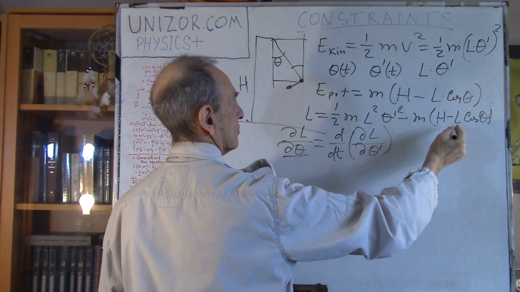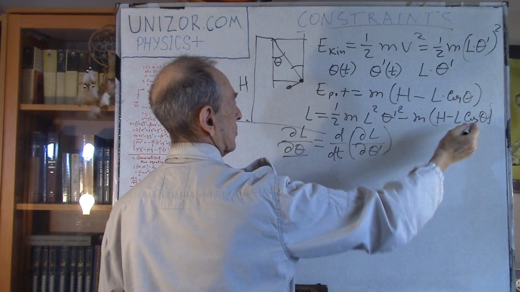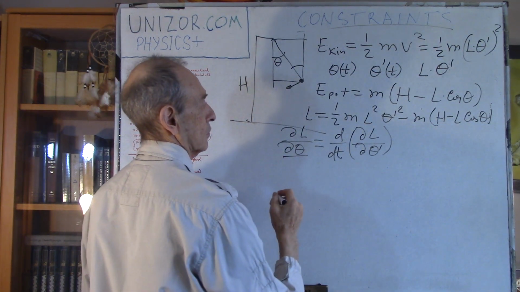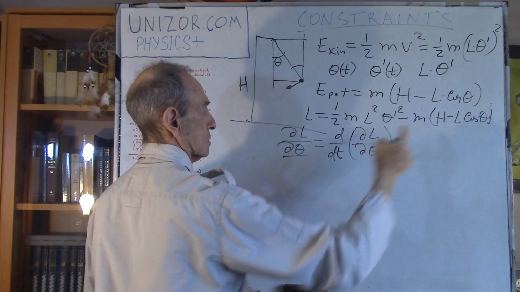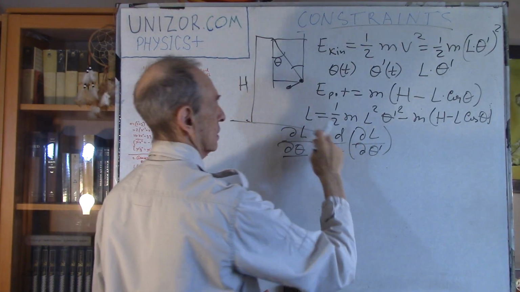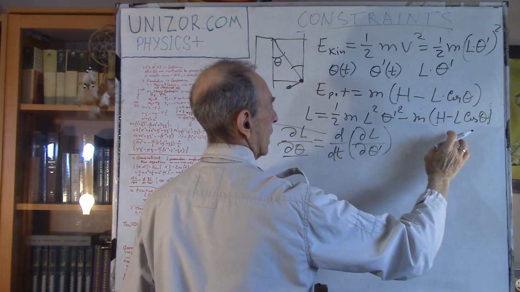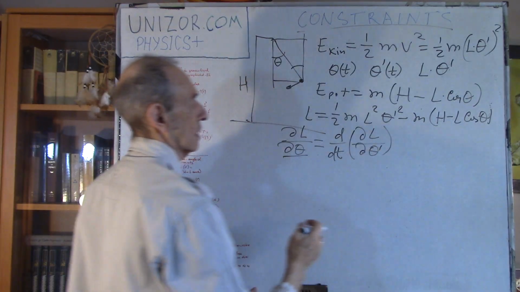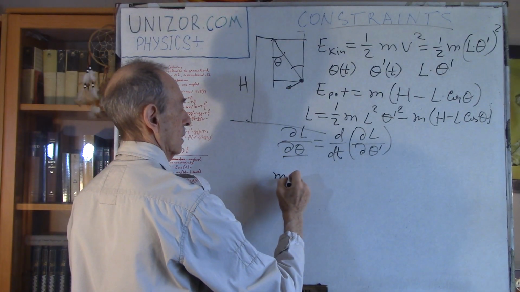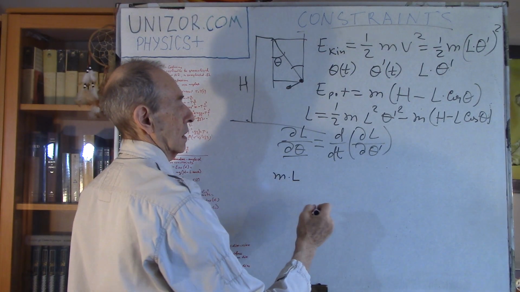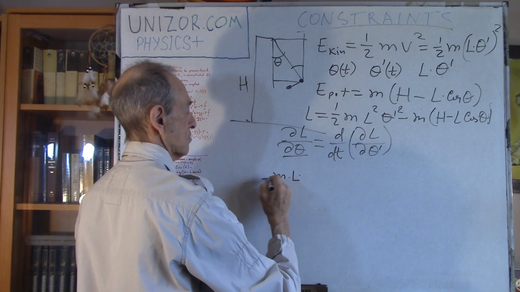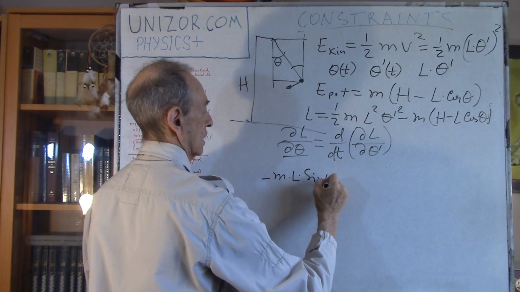So it's basically the derivative of cosine, so in this case we can consider the term to be m times L times cosine theta, and we differentiate it. It would be mL times the derivative of cosine, which is minus sine theta.